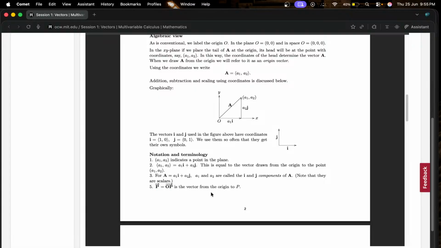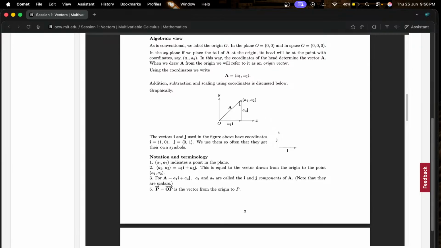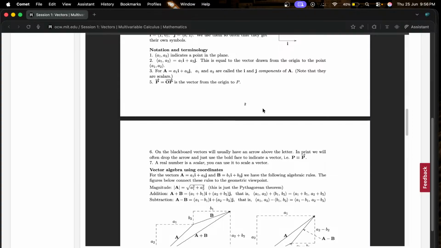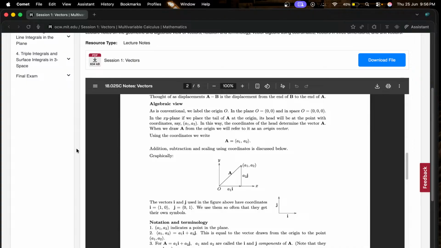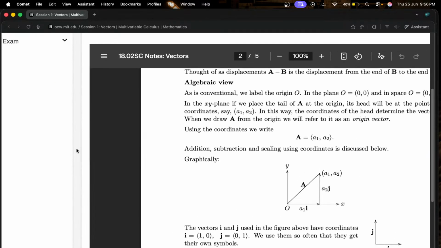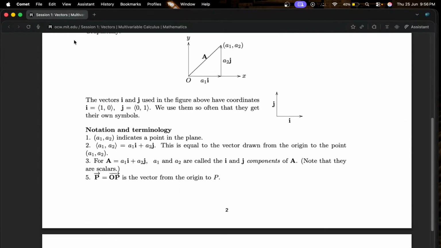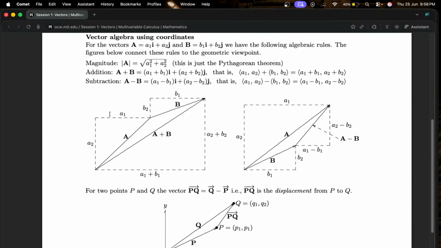P is the vector from the origin to P. I can see P here, so it's further below or what? Okay, we will see P. I have to zoom in a bit. Yeah, now it's clear.